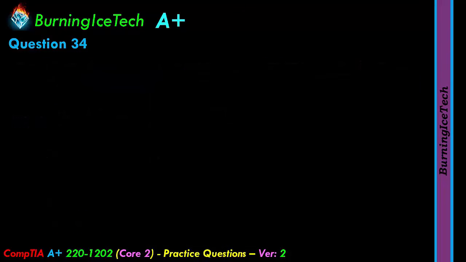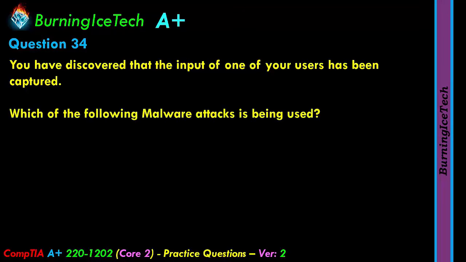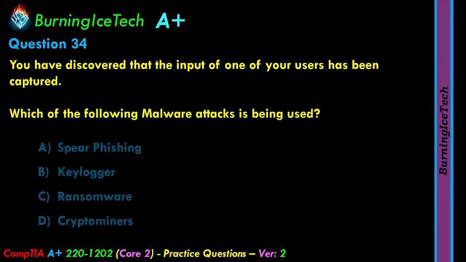Question 54. You have discovered that the input of one of your users has been captured. Which of the following malware attacks is being used here, guys? Is it spear phishing? Spear phishing is where I'm targeting a specific person at a company. So I want to do phishing, trying to get sensitive information out of a person, but not just random people, a specific individual.